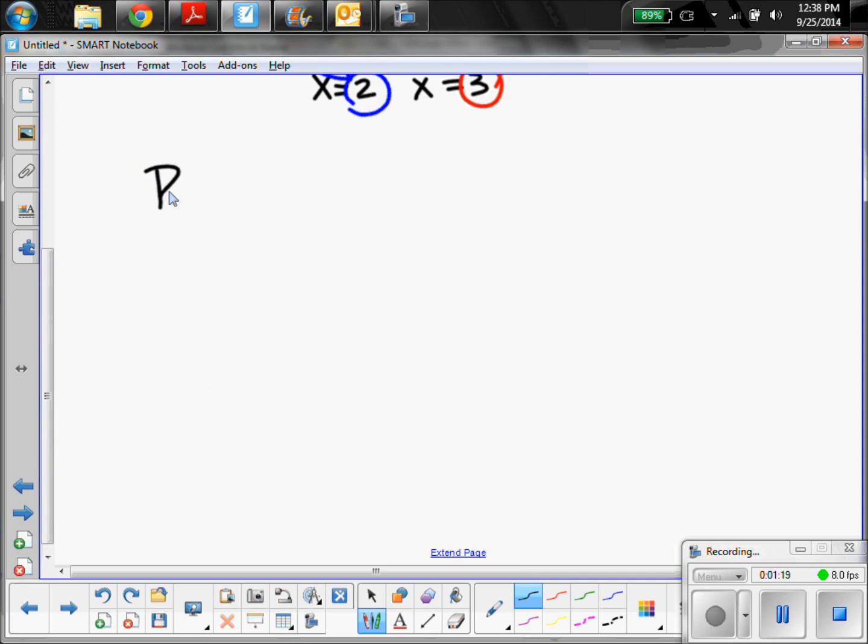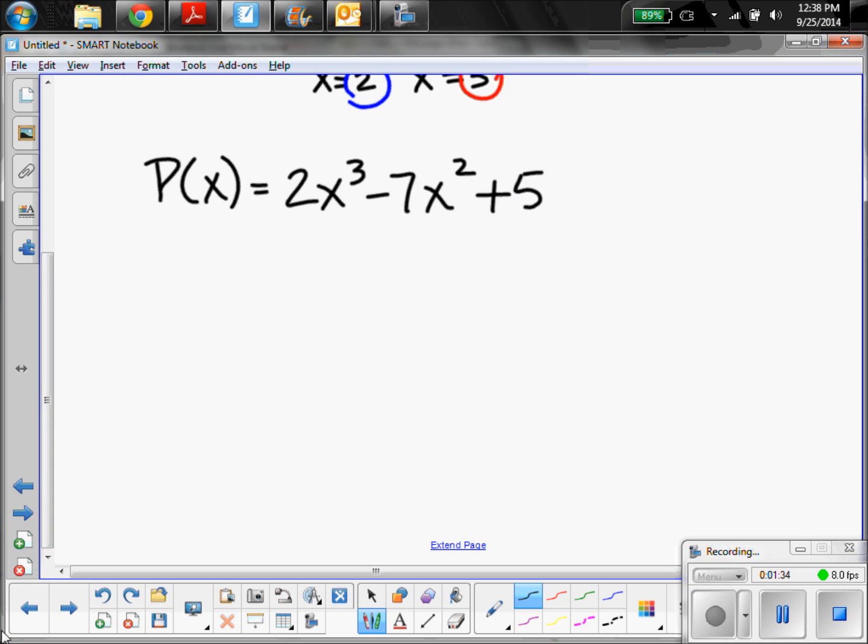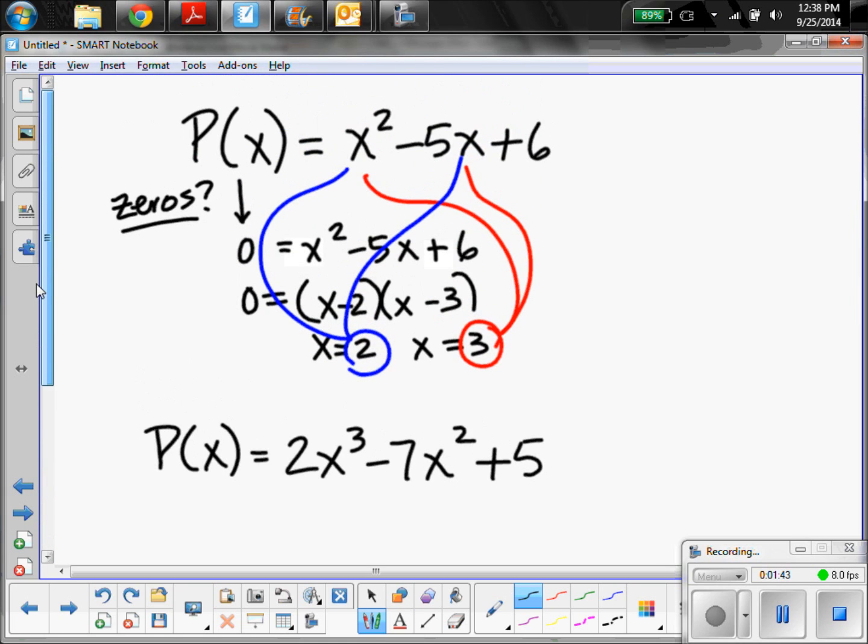What if our polynomial function was instead 2x cubed minus 7x squared plus 5? You could probably see the problem that we have. This polynomial won't factor. So we can't even get to the place where we were up above.